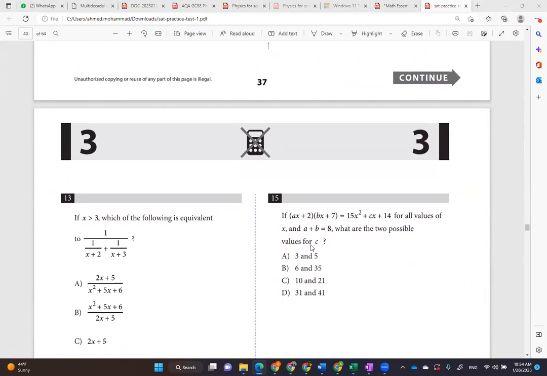If ax plus 2 equals bx plus 7, and a plus b equals 8, what are the two possible values of c? You have to solve the quadratic function first, and then we're going to go back to this. Habiba, I'm going to explain it to you after we finish. Don't worry.